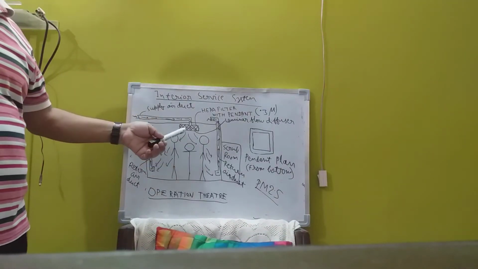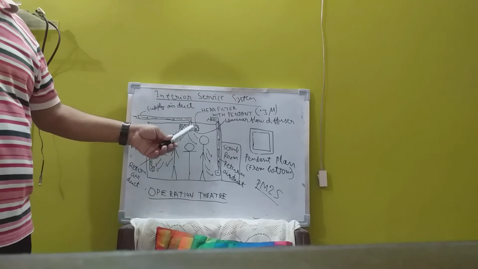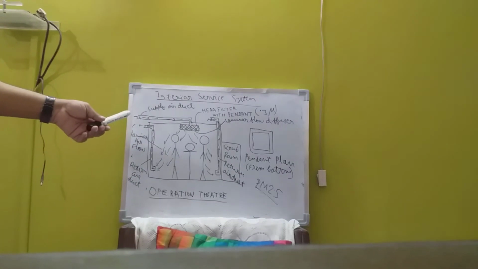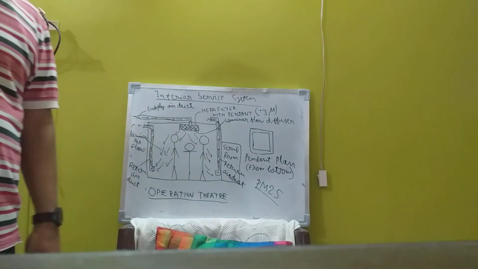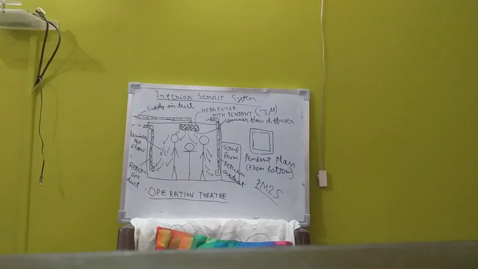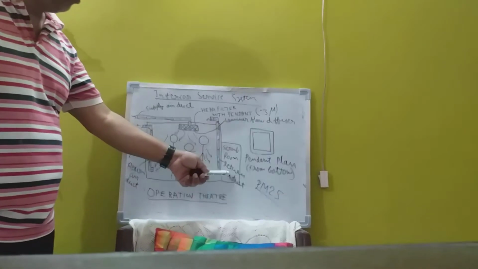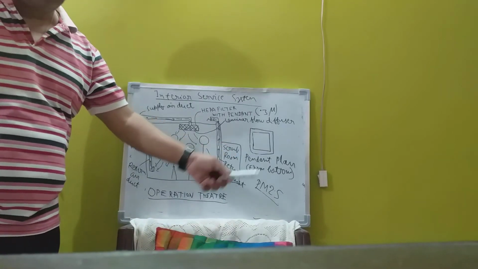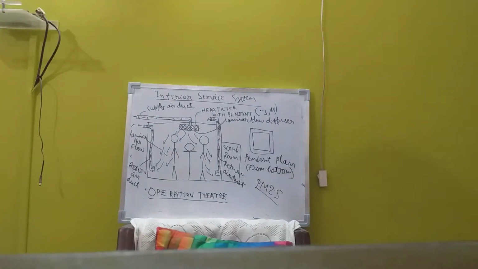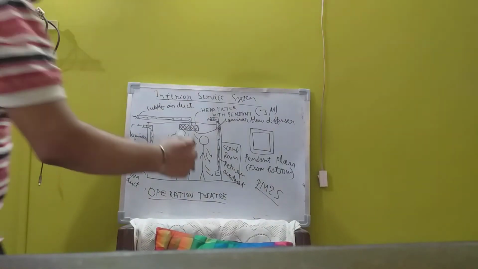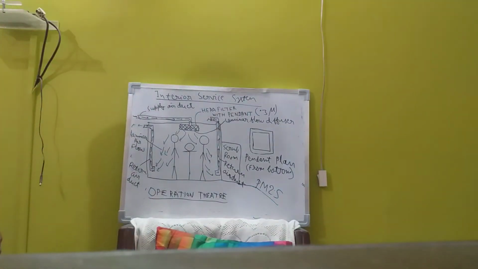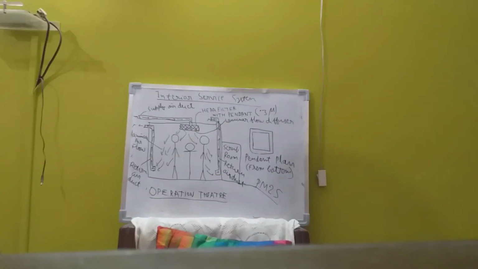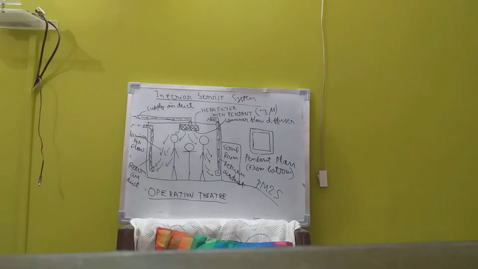Whatever bandages, cut pieces, blood, and other items there are, are generally thrown into the scrub room, just adjacent to the operation theatre room, from where they are removed from time to time by the sweeper. There is a corridor outside which is only for taking out the waste material. That is called the waste corridor.